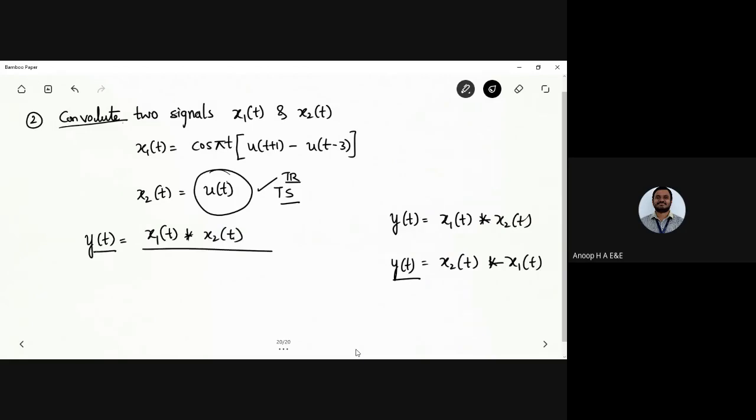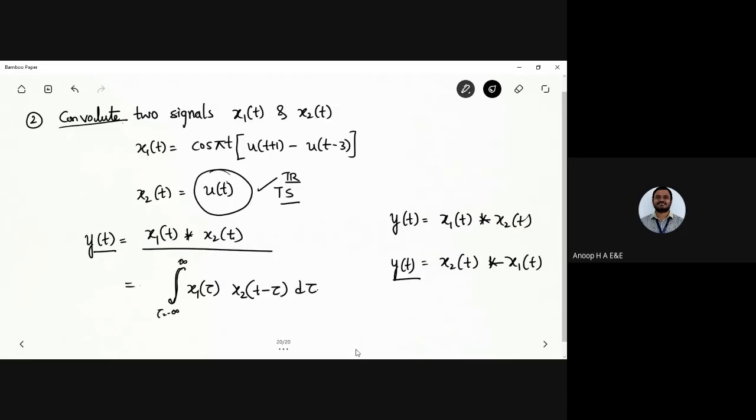So I have y of t equal to x1 of t convolved with x2 of t. Now I have the integral operation. It is not the summation. This is where you go wrong. So I have the integral operation being applied. So tau would be from minus infinity to plus infinity, x1 of tau, x2 of t minus tau d tau.